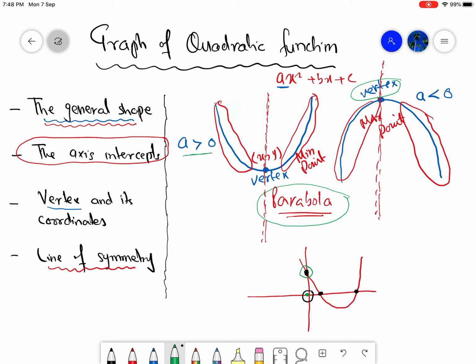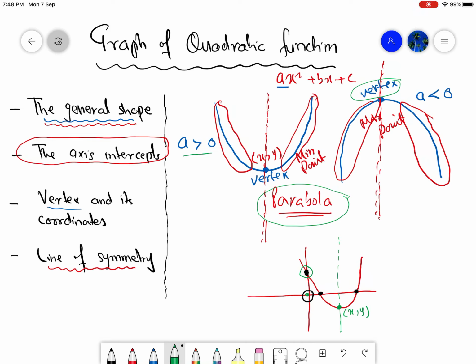On this curve, you can also see that this is the vertex. In this case, the vertex is the minimum point on the curve. Here we will have the line of symmetry, and you can also work out the coordinates of this vertex, x and y. There are two methods of finding the coordinates of the vertex.